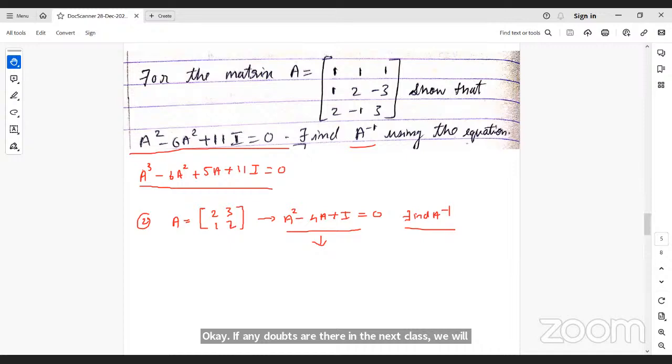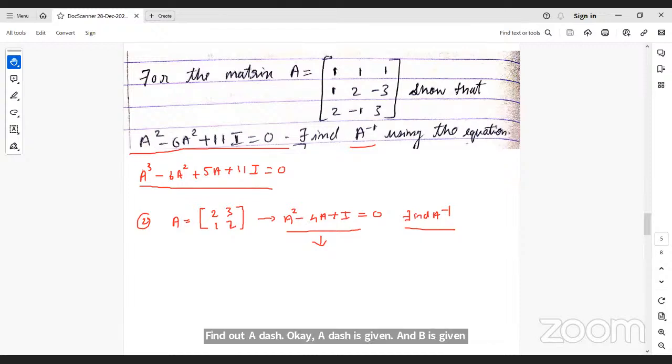Okay, and now in the chat box. Nikita, are you there? Nikita, this question was given to you as homework. A dash is equal to 3, 4, minus 1, 2, 0, 1. B is equal to, then verify that. Simple, first find out A dash. A dash is given, find A. And B is given.